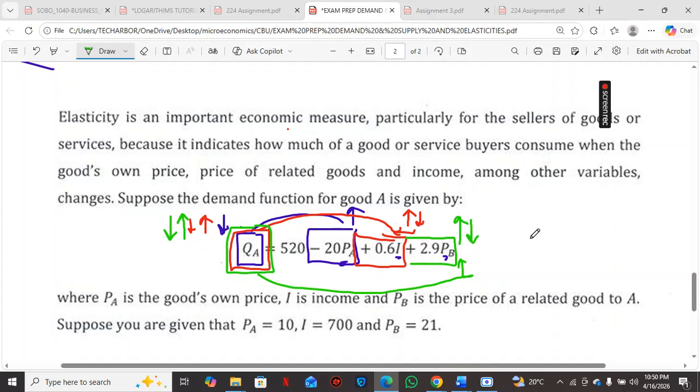So remember this, colleagues. For income elasticity of demand, YED, a positive sign means normal good. Negative sign, inferior good.